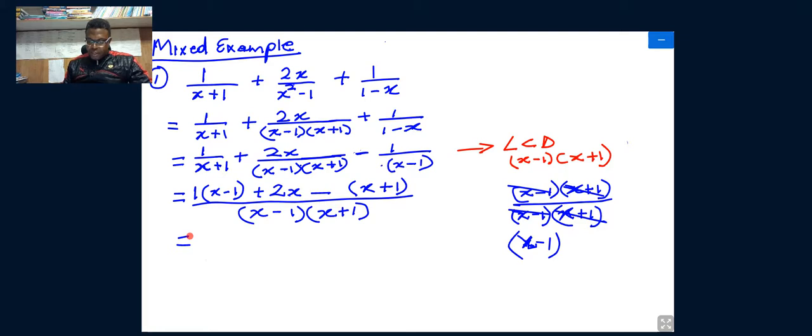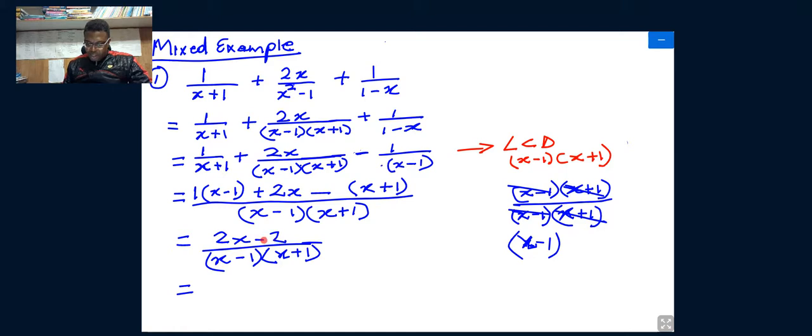Now you just multiply through by distributive property, and the answer becomes 2x minus 2 over x minus 1 plus x, into x plus 1. That's it.